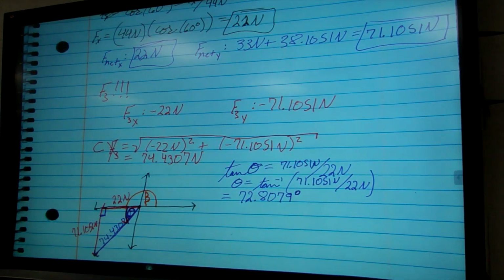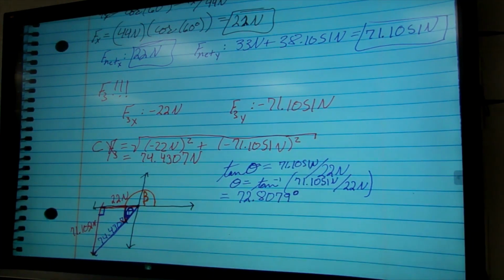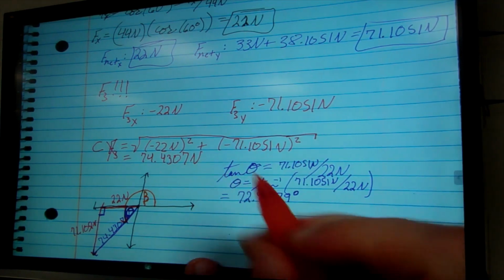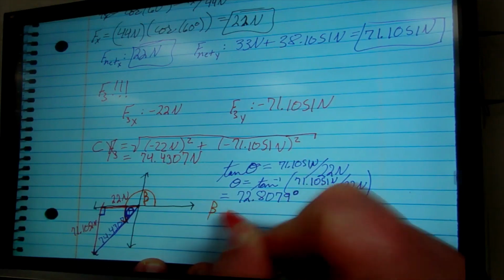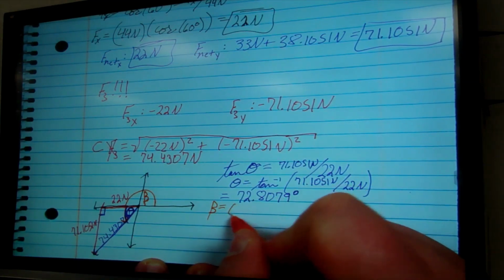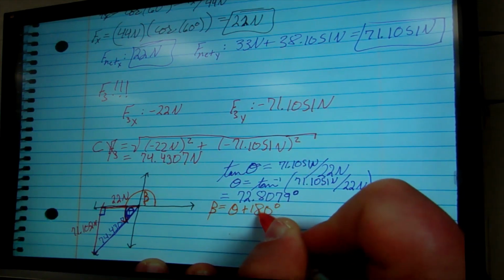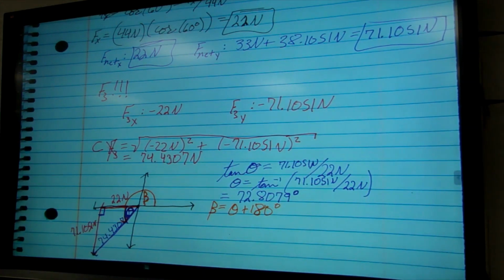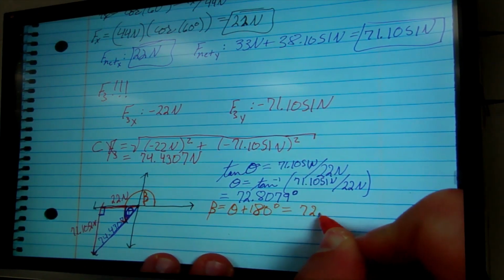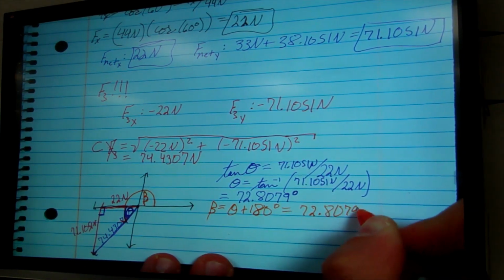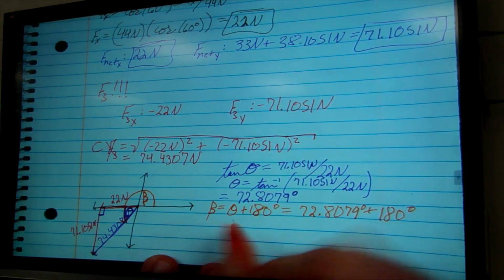We have to find beta, which goes all the way around to that line. Beta, just another Greek letter, is theta plus 180 degrees, which will be equal to 72.8079 degrees plus 180 degrees.